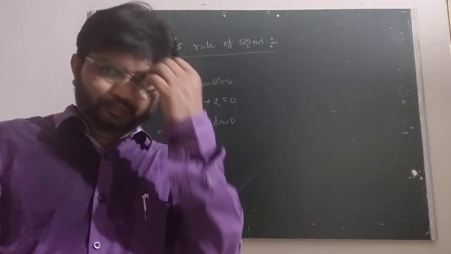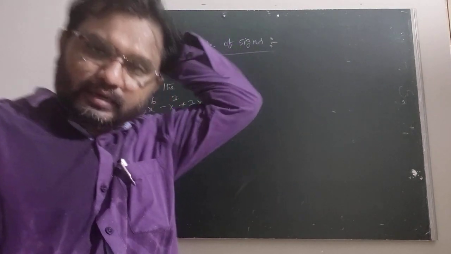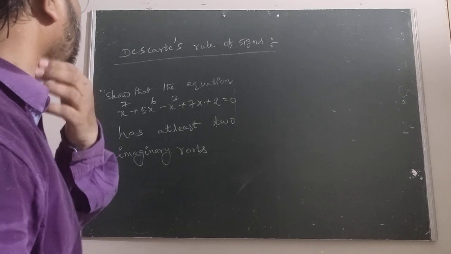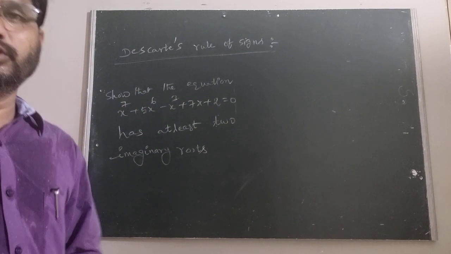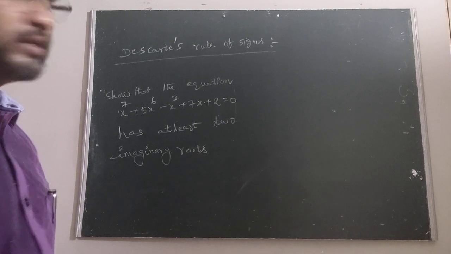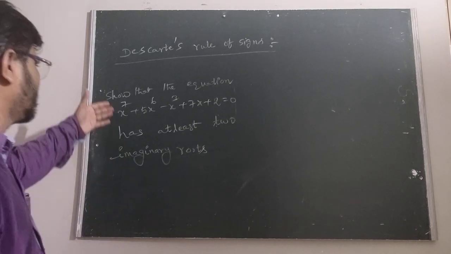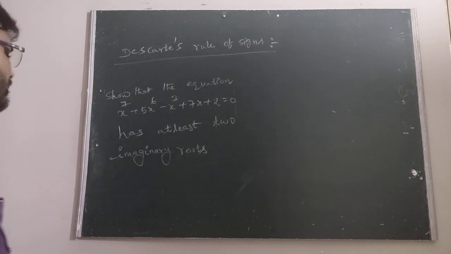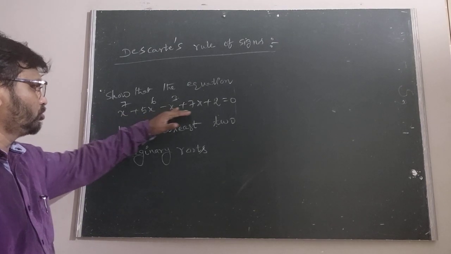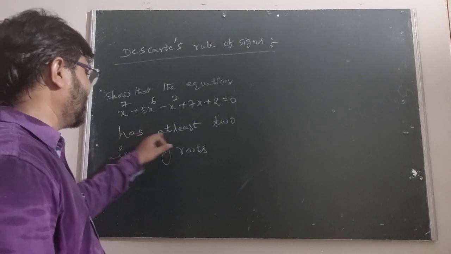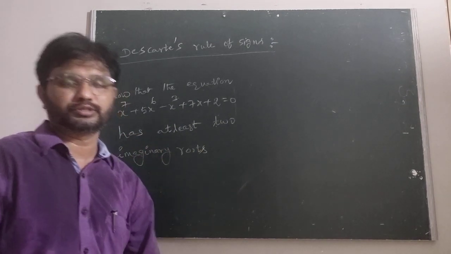So now we are going to learn Descartes' rule of signs. I will take one example: the equation x power 7 plus 5x cube minus x cube plus 7x plus 2 has at least 2 imaginary roots.